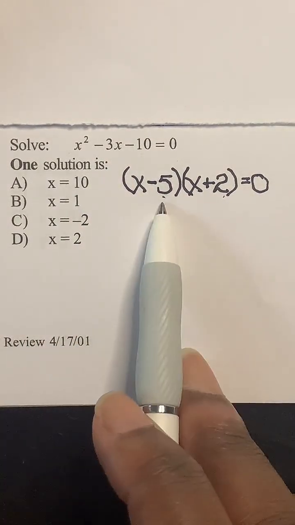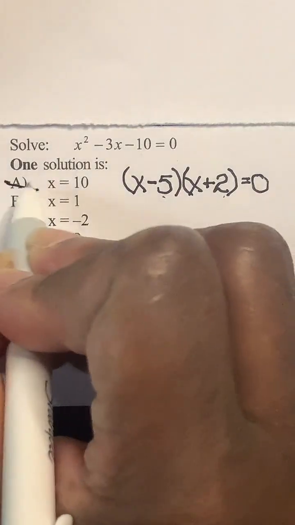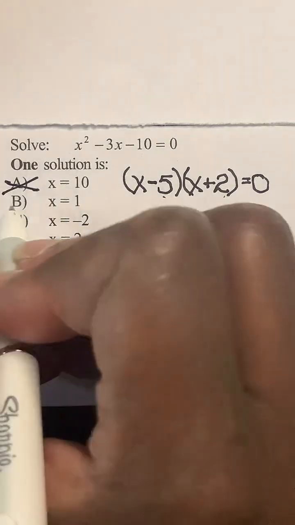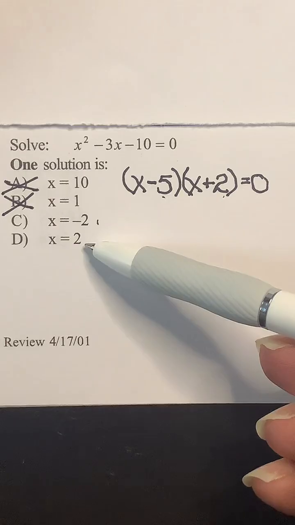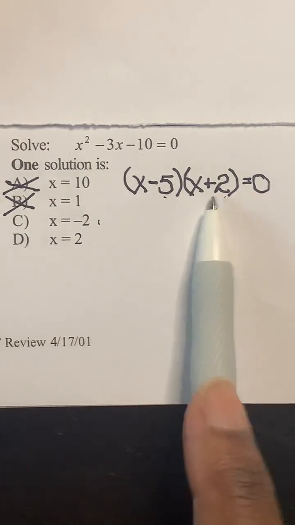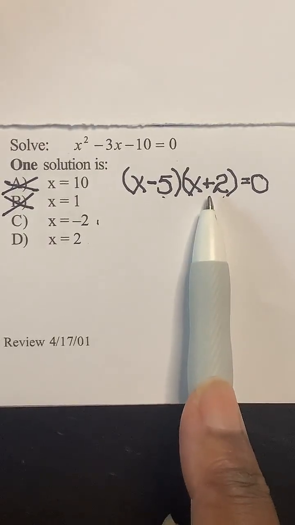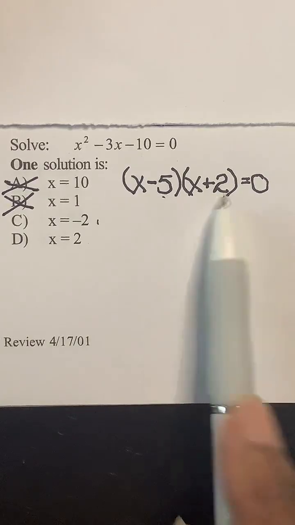Just by looking right away at my answer choices, I know 10 is out because we factored it. We don't have any 1s because that's done. So now we're down to either -2 or +2. And if you're like, oh, it's +2, remember, we want to know what x is. We don't want to know what x plus 2 is.